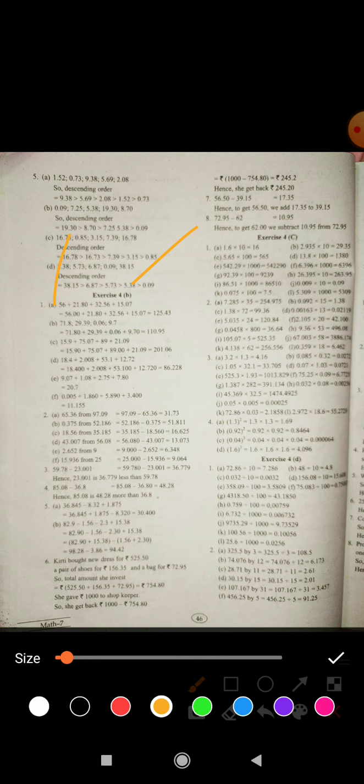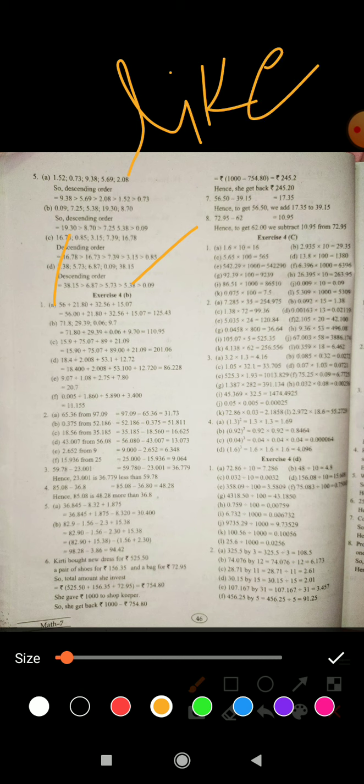First we make the numbers like decimals, with the same digits after the decimal. Then adding the numbers, we get the answer 125.43.